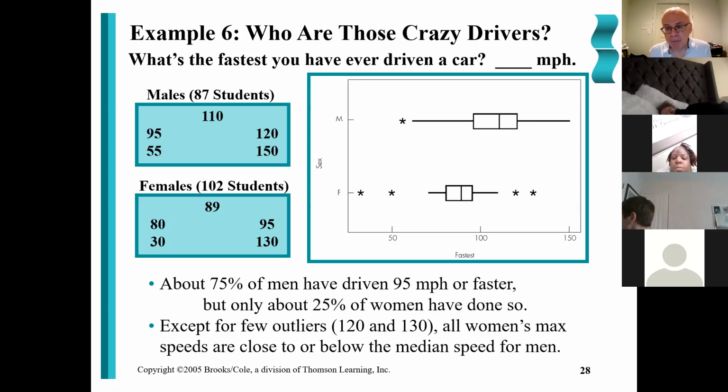Are they equal to each other? Yes. Yes. 95, right? And you can see it on the chart here. The upper quartile is at 95 for females, and the lower quartile is the same for males. And you can see it in the 5 number summaries. Here's the lower quartile 95, here's the upper quartile 95. See, they match.